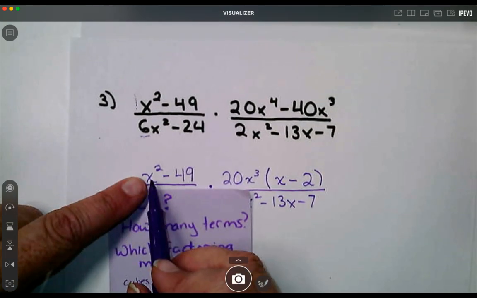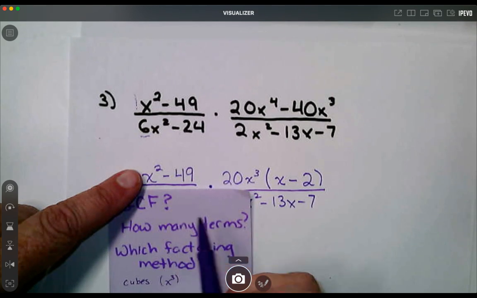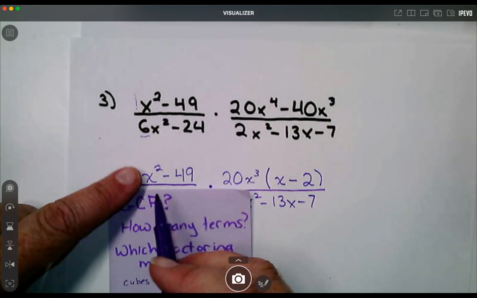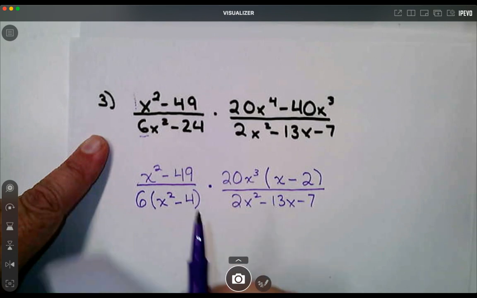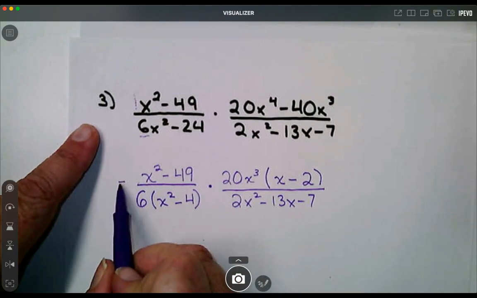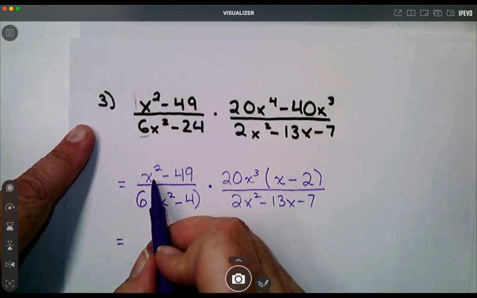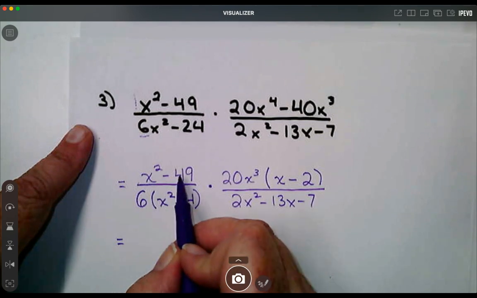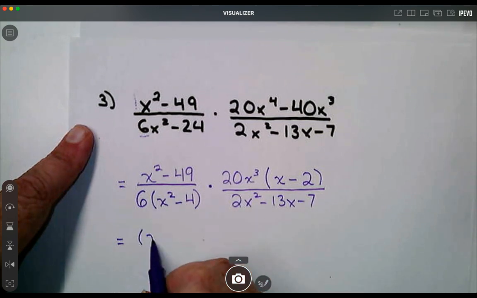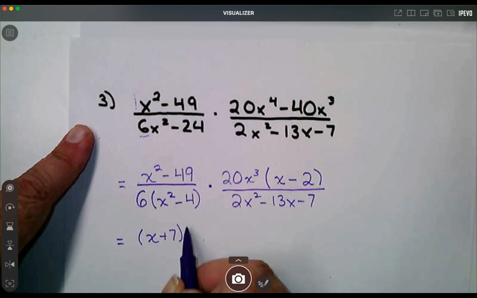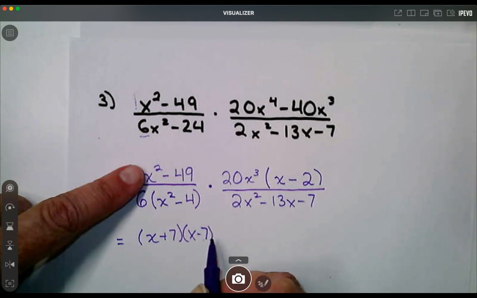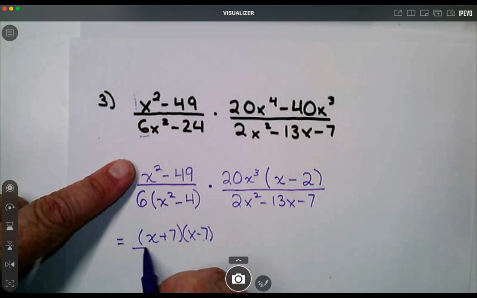If you have something squared minus something squared, then the formula says you end up with a plus b, a minus b. Most people really like that formula. I know I do. So the a and the b here would be x and 7. And it always ends up being a plus and a minus. Okay, that came right from here.